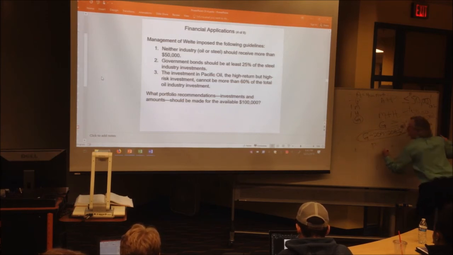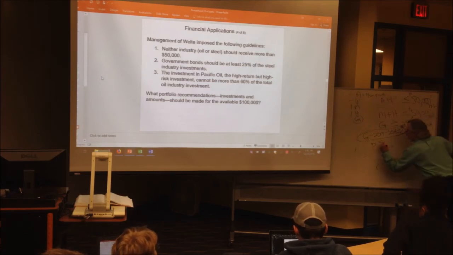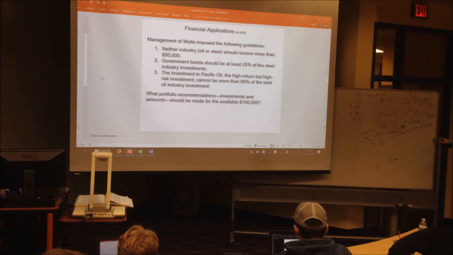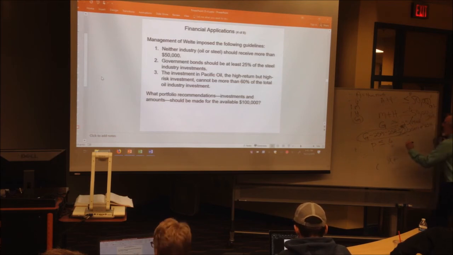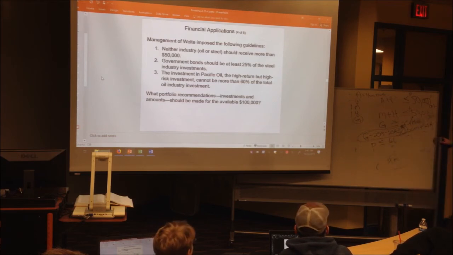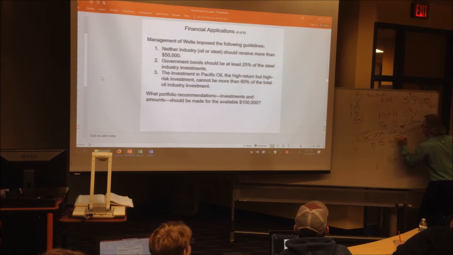Pacific, P, cannot be more than, so less than or equal to, 0.6 times the total oil industry investment. So which represents oil? A plus P. Very good.